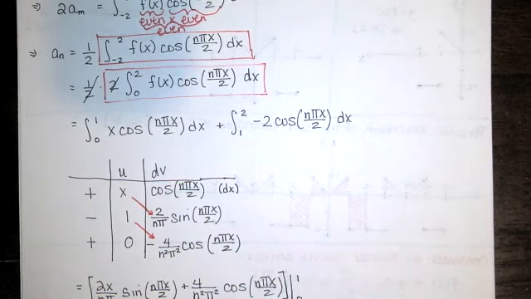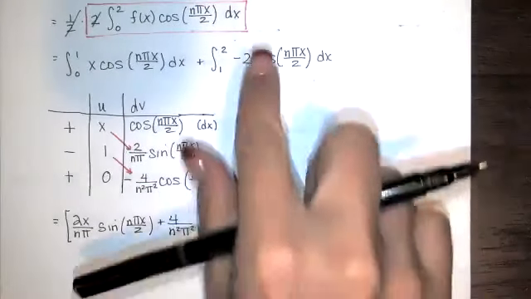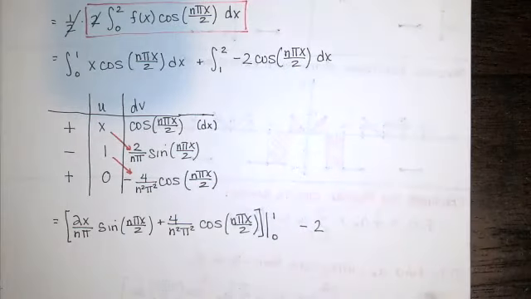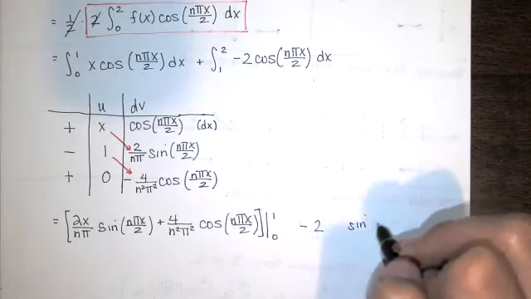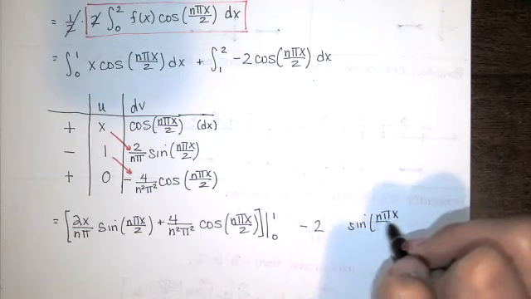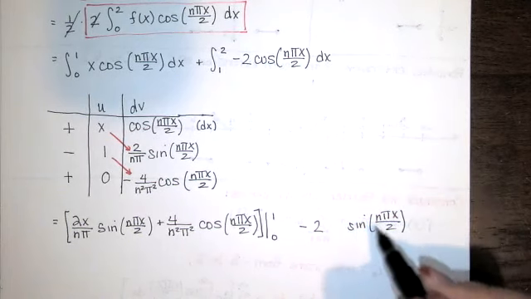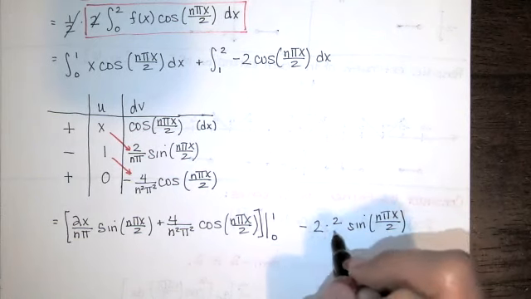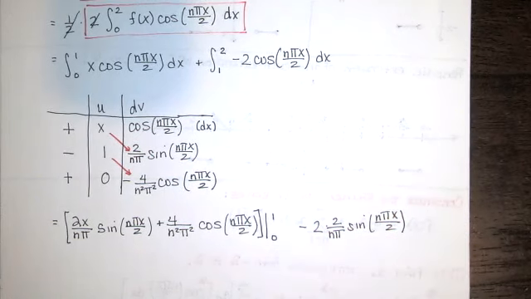Evaluate from 0 to 1. Now over here, we'll bring the -2 down, and we'll take the antiderivative of cosine. Let's just sine of n pi x over 2. And if you've got a constant multiplying your x inside, you've got to divide by that constant. So that's going to be multiplying by the reciprocal of that fraction. So we multiply by 2 over n pi. And we evaluate this expression from 1 to 2.